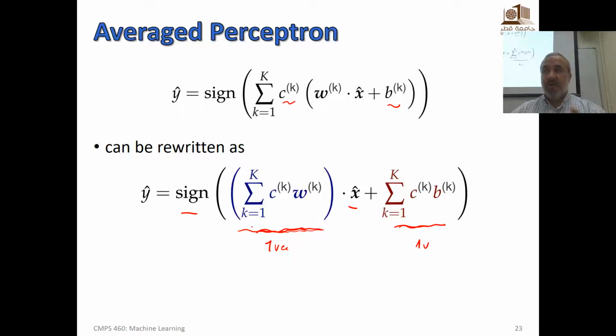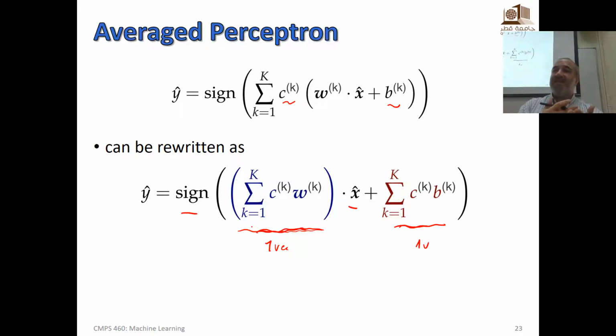So we don't need to store any more models, except the final sum. And in prediction, it's the same time complexity as the original one. So we avoided both.